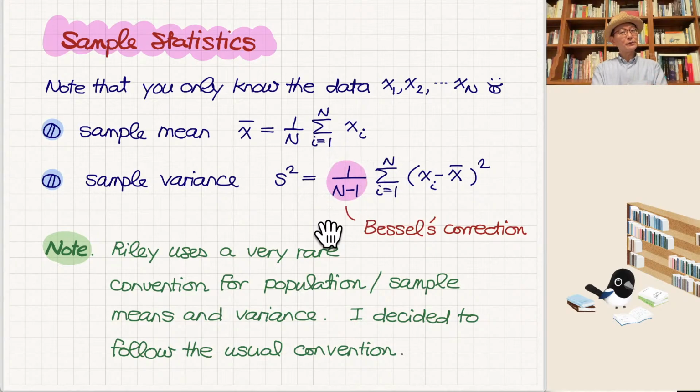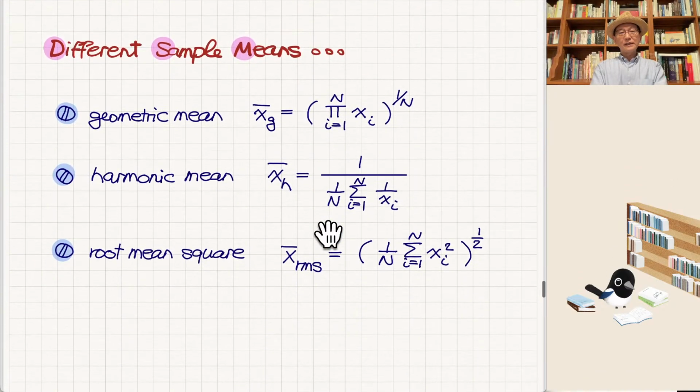There is a mysterious 1 over n minus 1 factor, and so that's relatively simple. Here, not only the algebraic mean can be defined, there are also different sample means that one can define. For instance, you can define the geometric mean: you multiply them together and then take the 1 over n power.